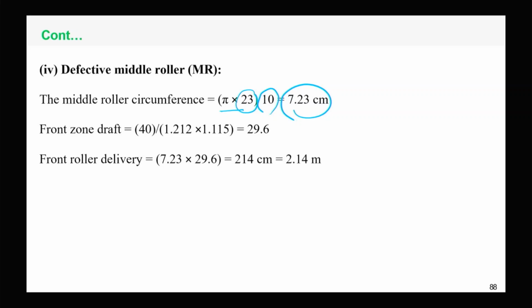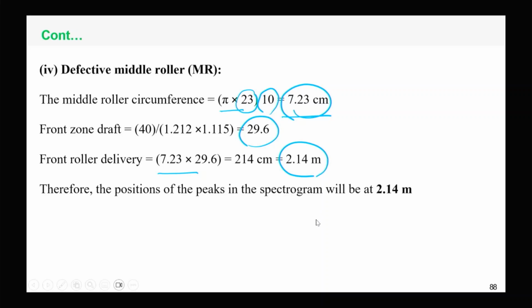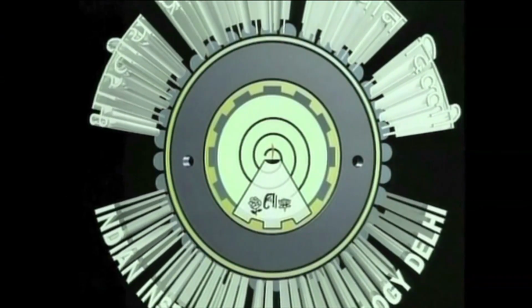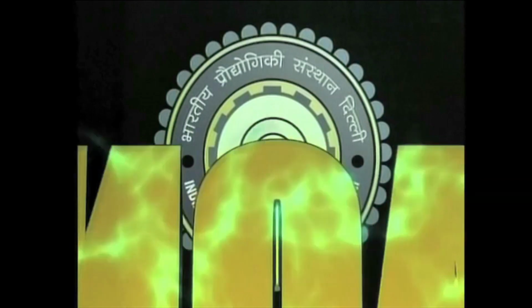The wavelength of the periodic fault will be equal to the circumference. Front zone draft we have already calculated, so if we multiply, this will become 2.14 meters. Therefore, the position of the peaks in the spectrogram is 2.14.